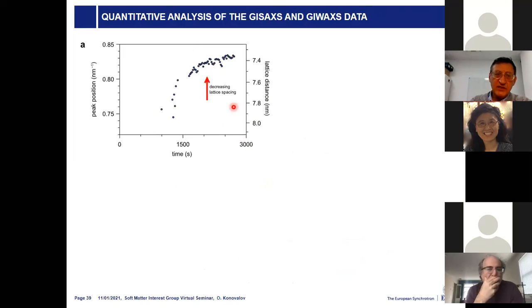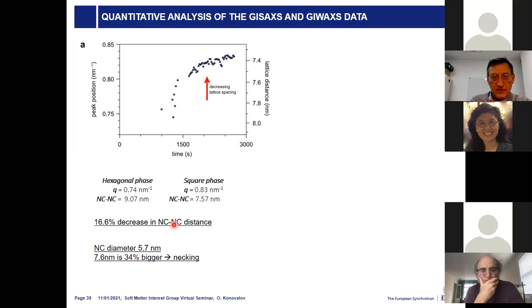So this curve represents the lattice distance between nanoparticles, nanocrystals, with time. And we see that the lattice parameters change with time: at the beginning we have a nanocrystal distance of about 9 nanometers, but with time the distance changes and becomes much shorter.